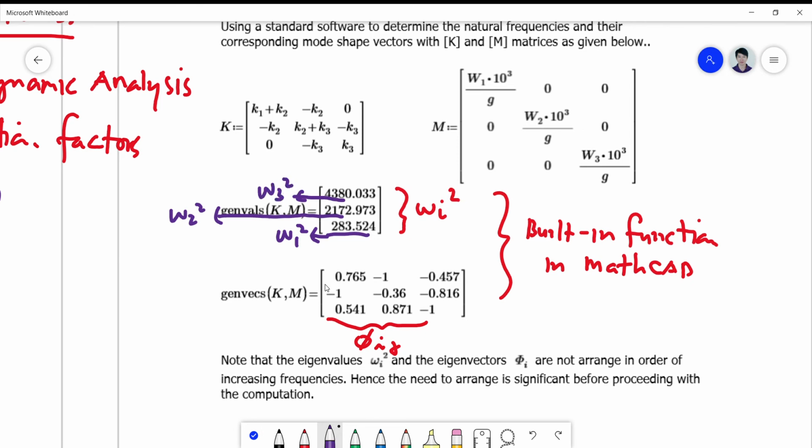It must be in the order of increasing frequencies, so you have to jumble them. For your eigenvectors, this must be your first vector phi1, this your second vector phi2, and this your third vector phi3. Take note that you have to arrange it in order later, so as to be consistent in your computation.